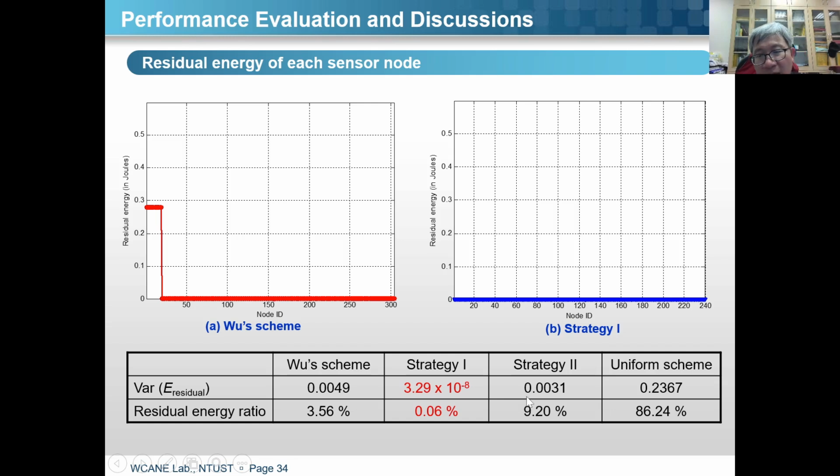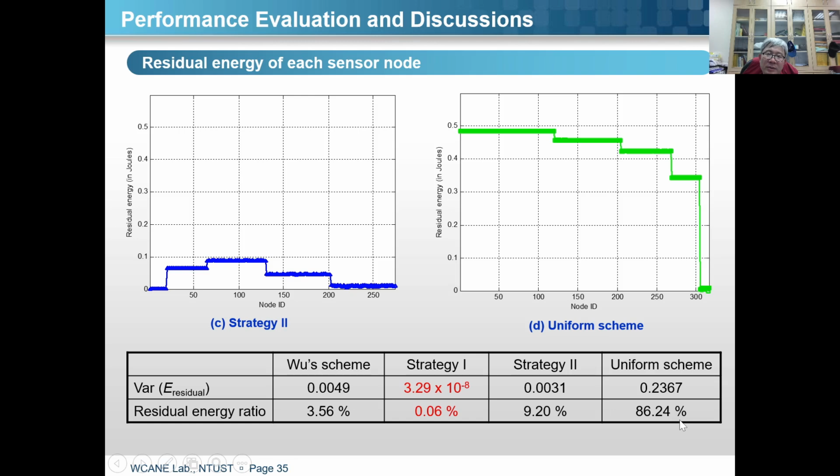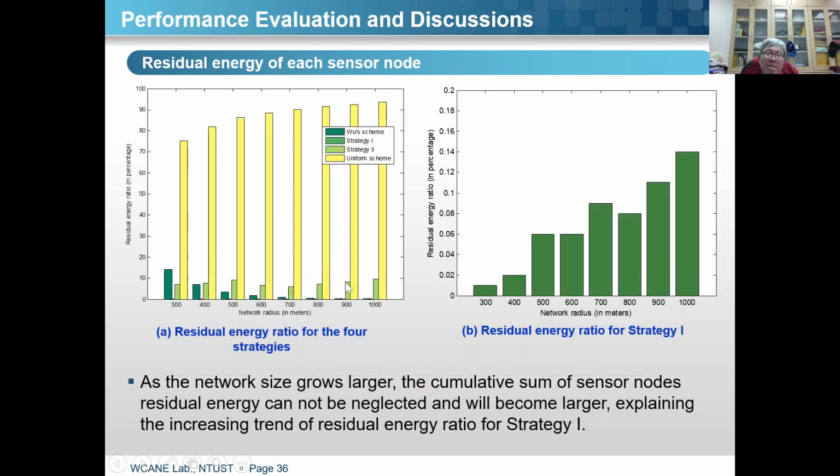All right, so for strategy 2, and also for uniform, it's so bad, so we don't have the lower residual energy ratio. In fact, something is wrong with the current result, and I don't have the correction, but it can still serve as a reference, so I let you know these. If we make a further comparison, then we have these.